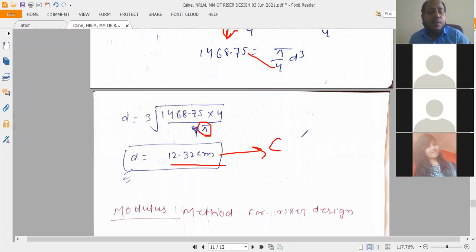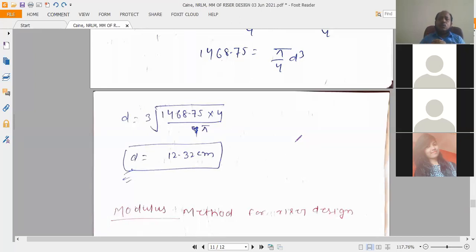So from the above equation and from the Kind's formula, and from the Naval Research Laboratory method, it will be seen that the dimensions vary very little. With Kind's formula it was 12.8, but here we find a little bit lesser riser, so no problem at all.